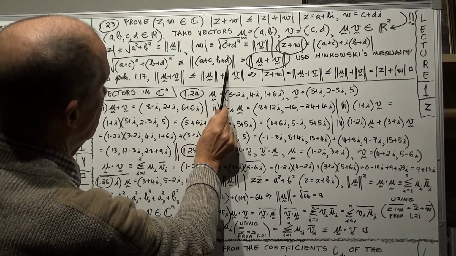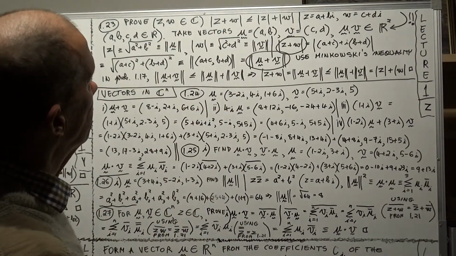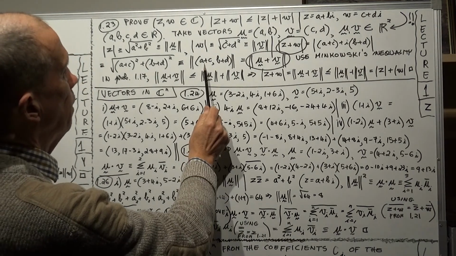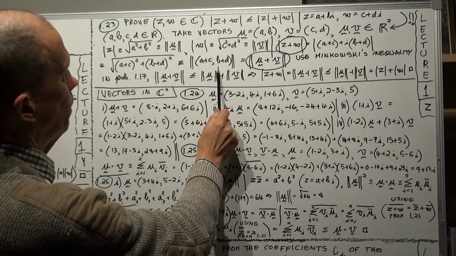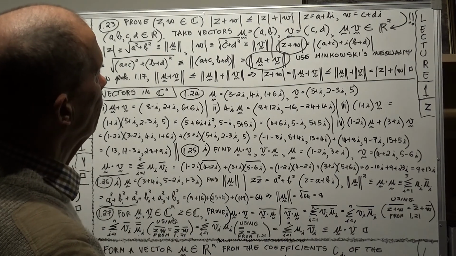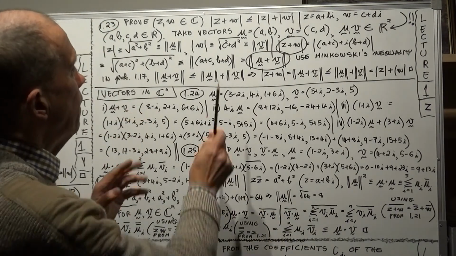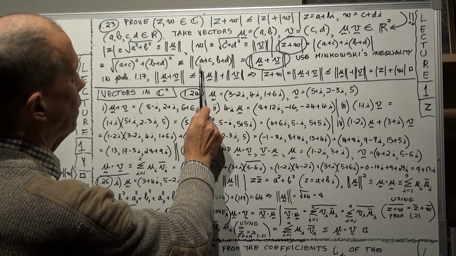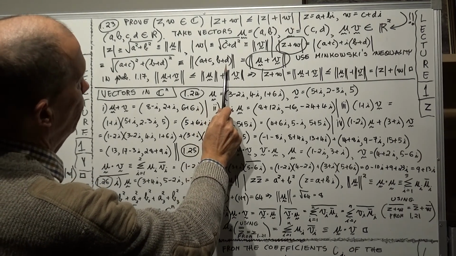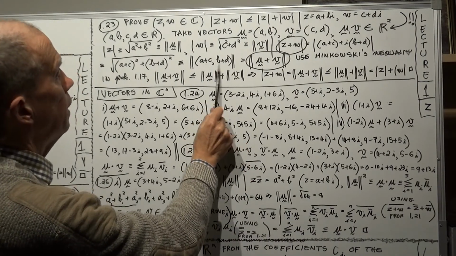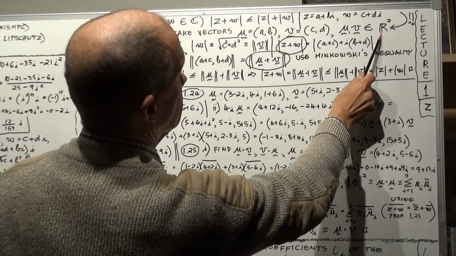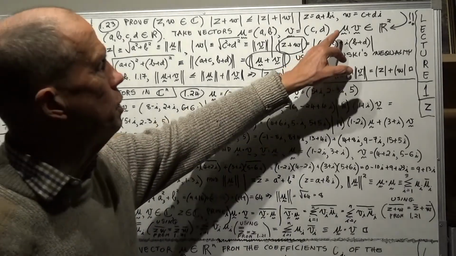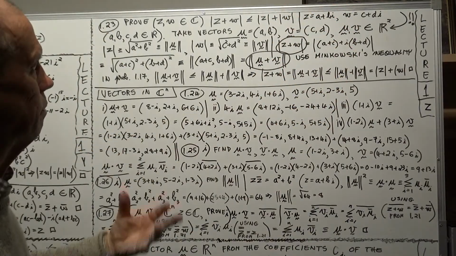Just look at this. This is just a real vector where the first component is a plus c and the second component is b plus d, and it's a vector that belongs to this space. It's similar to u and v. You could call it w if you like, or anything.